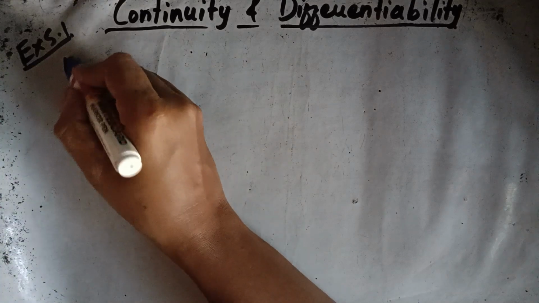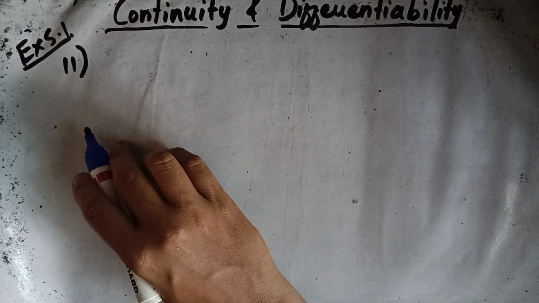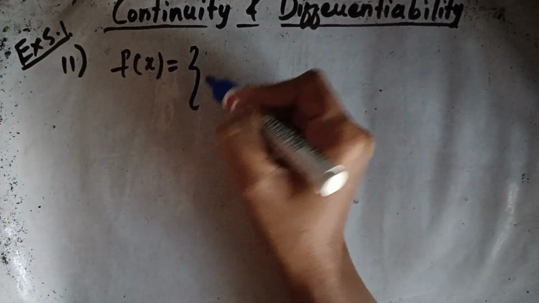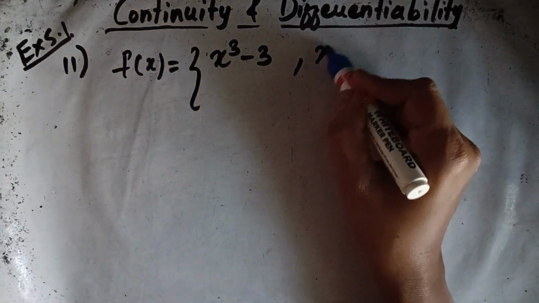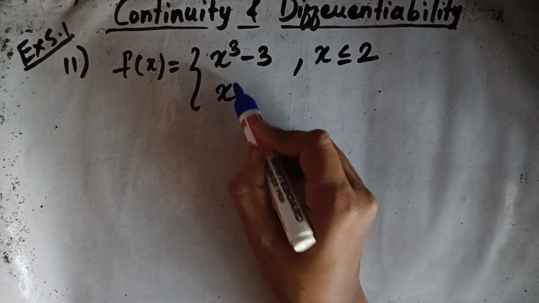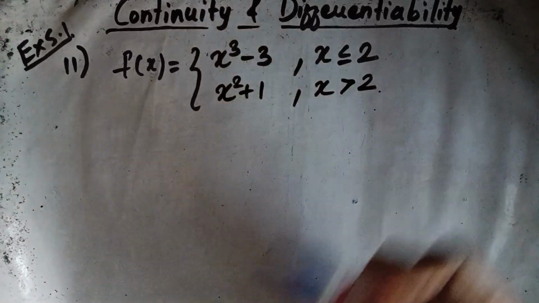Question 11. Find all the points of discontinuity of f where f of x is x cubed minus 3 if x is less than or equal to 2, and x square plus 1 if x is greater than 2.